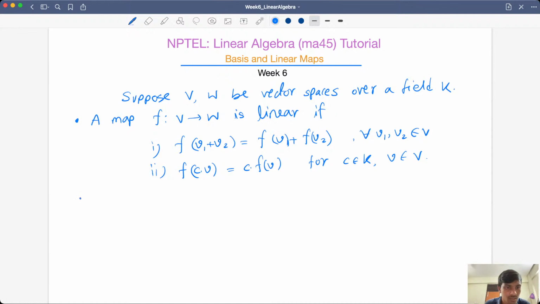In some cases we also need an algebra. An algebra A over a field K has the following structure.